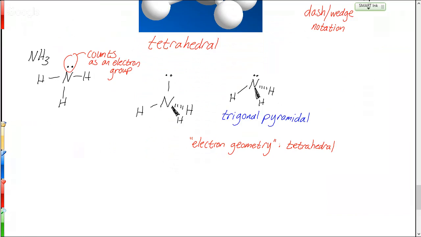So that's including all electron groups. And the molecular geometry or shape does not include the electrons, and so we would call that trigonal pyramidal, kind of like a pyramid shape.